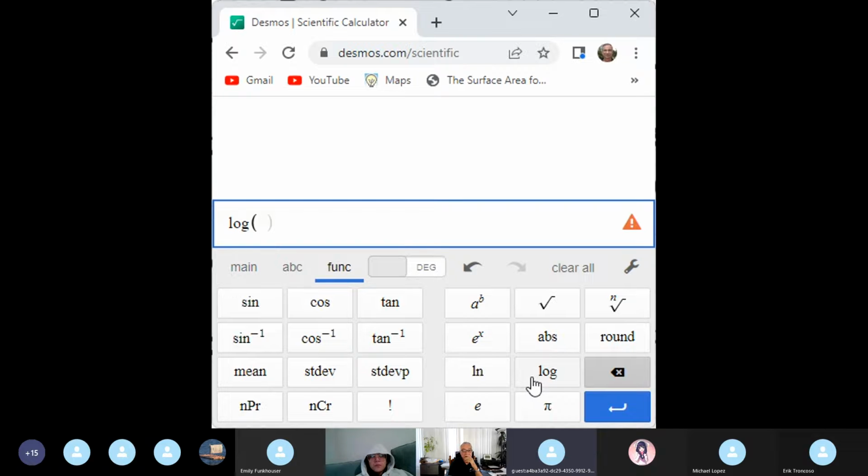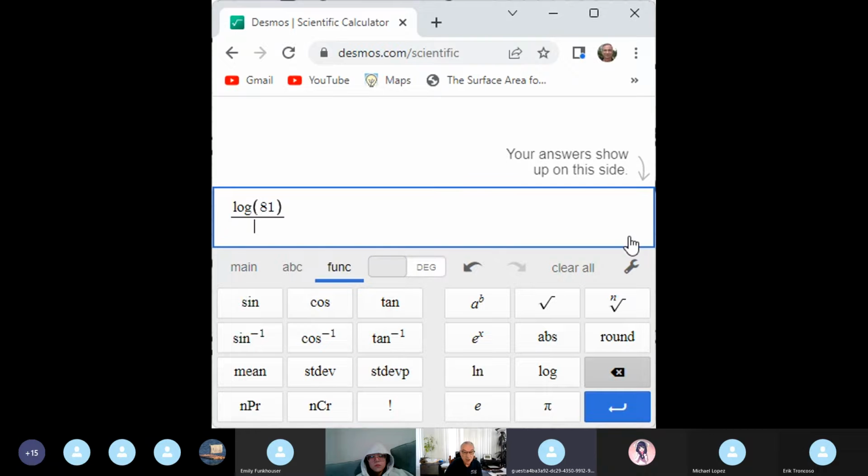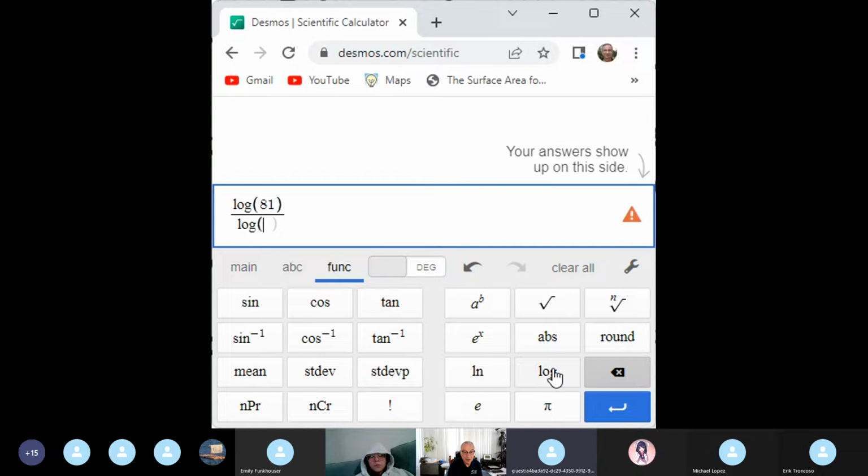Of 81. So, in order not to switch to the keyboard, I type 81. You see, this is the answer, which is normally an irrational number. Now division, I type division. I type again logarithm, base 3.